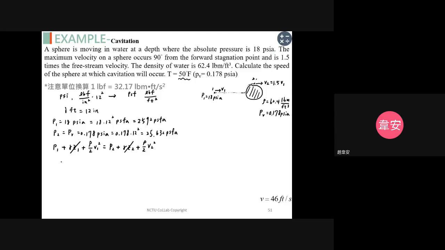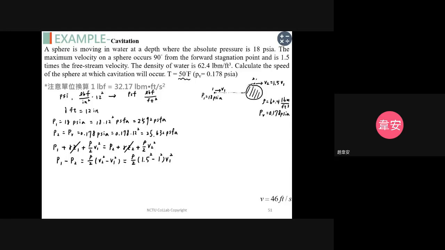So we actually know that the pressure difference P1 minus P2 is equal to 1/2 rho times V2 squared minus V1 squared. And inside, the velocities V1 and V2: V2 is equal to 1.5 V1, so we have 1.5 squared minus V1 squared, and we take V1 squared outside.